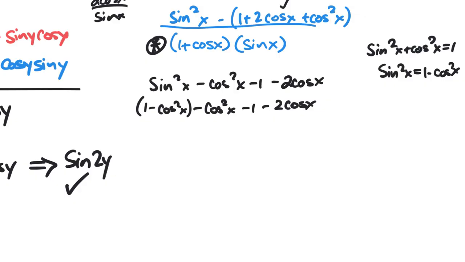So the next step, I would combine my like terms. I have negative cosine squared minus cosine squared. So there's negative 2 cosine squareds. I also have 1 minus 1, which is 0.